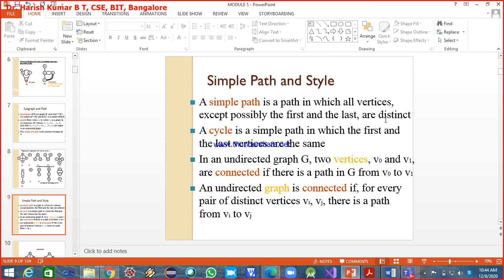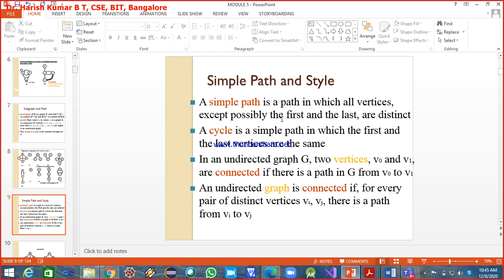When I say a path, the path is a sequence of vertices with the edges. Now, for you to say a path is a simple path, all the vertices except possibly the first and the last must be distinct.